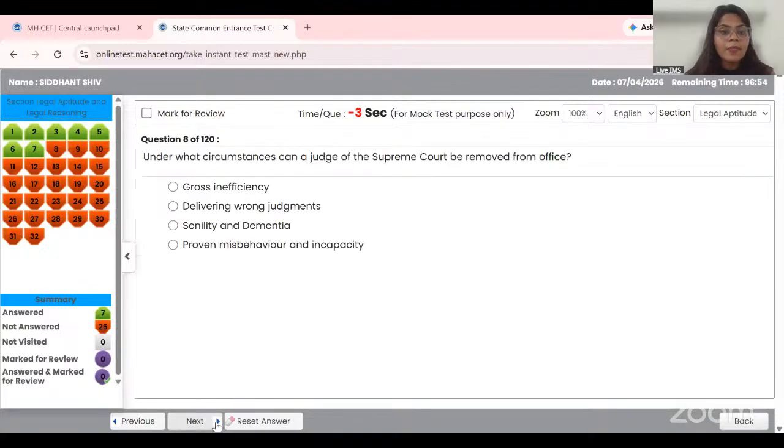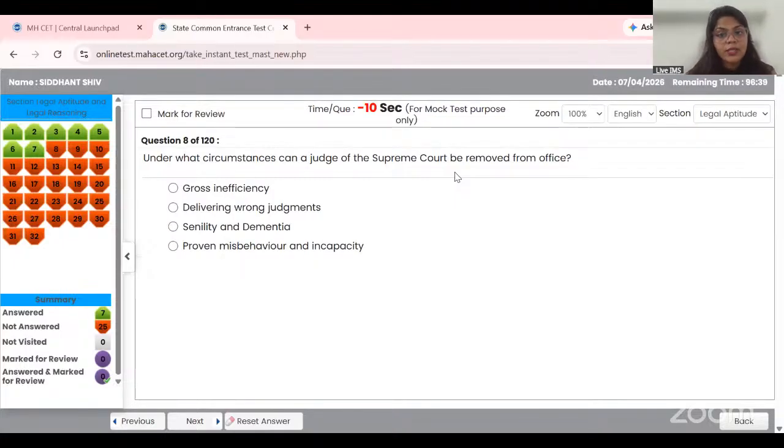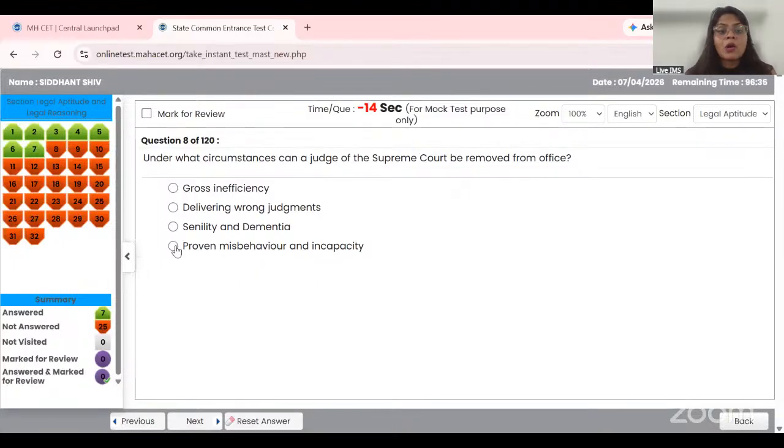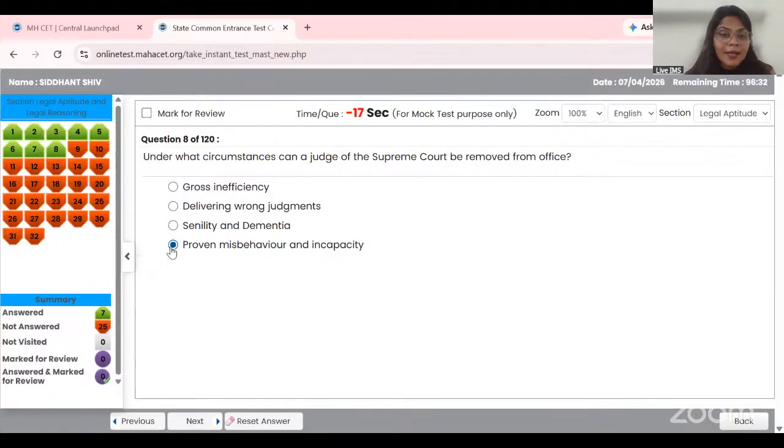Okay. Now, moving forward to the next question. Under what circumstances can a judge of the Supreme Court be removed from the office? This again requires some additional knowledge of the Indian Constitution. When we talk about removal of a judge, it is given in the Constitution that a judge can be removed only on grounds of proven misbehavior and incapacity.